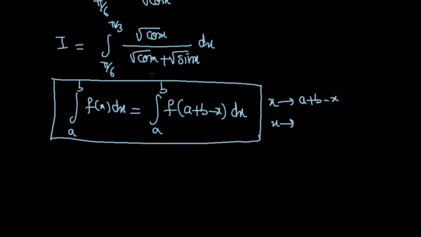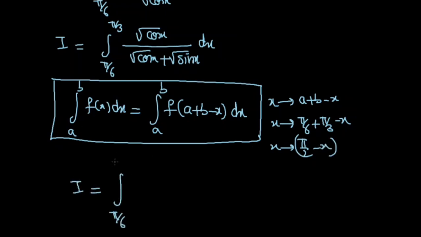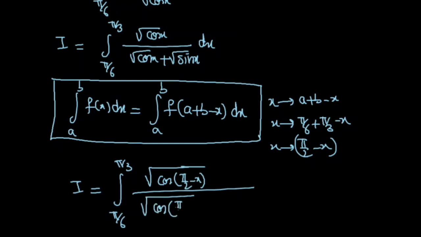In the place of a we have pi by 6, in the place of b we have pi by 3, so x is changing to pi by 2 minus x, okay? Now we are writing I is equal to pi by 6 to pi by 3 root over cos of pi by 2 minus x divided by root over cos of pi by 2 minus x plus root over sin of pi by 2 minus x dx.